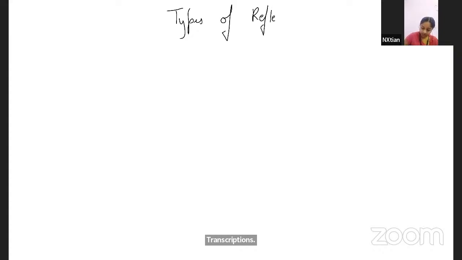All right. So there are two types of reflections: regular reflection and diffuse reflection.